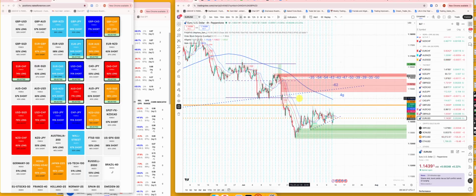I think it will potentially do that. Sorry, maybe a wick up there. Yeah, maybe a wick up there. Collect some of that and then back down. But we don't have anywhere near the data to tell us that that's the case at this moment in time.